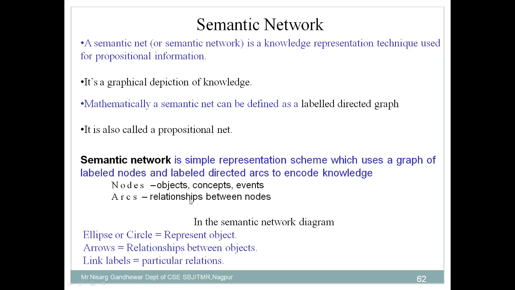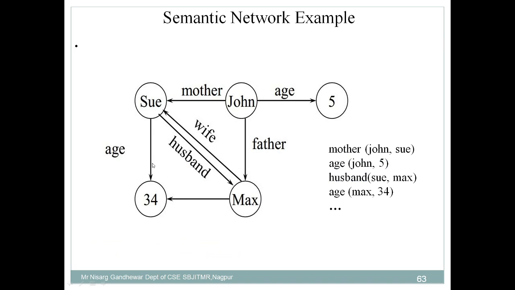So semantic network is a graphical representation of knowledge, consisting of different nodes as well as arcs. The node represents the object, concept or event, whereas the arc, the arrow which we use to connect two nodes, is used to represent the relationship between the nodes. Here we can use either an ellipse or a circle to represent an object.